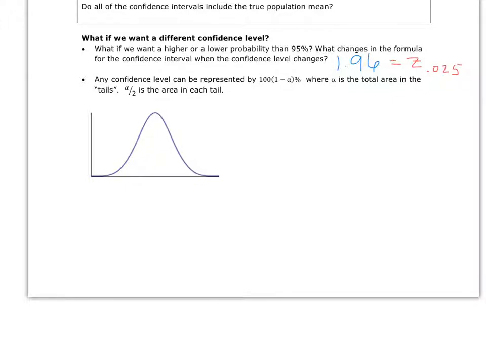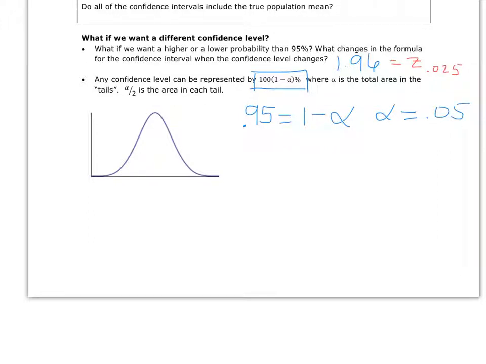If we want to talk about Z-scores in general that go with confidence levels other than 95%, we identify the confidence level as 100 times 1 minus alpha percent. That sounds way more complicated than it is. If we use our 95% example, so 95% or 0.95, if that's equal to 1 minus alpha, well, that means that alpha is 0.05.